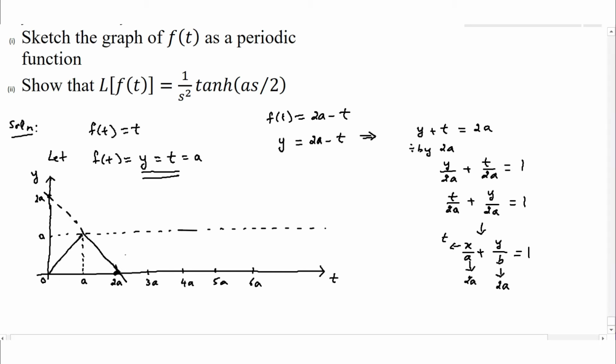In the same way, if I go on plotting the graph starting with 2a, the same graph repeats itself.